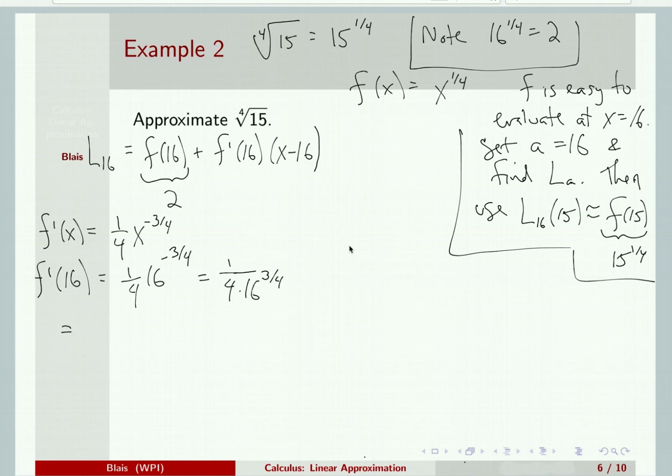And then we can rewrite that 16 to the 3/4 as 16 to the 1/4 cubed. 16 to the 1/4 is 2. And so this is 1/4 times 8, or 1/32. And that's what we're putting here.